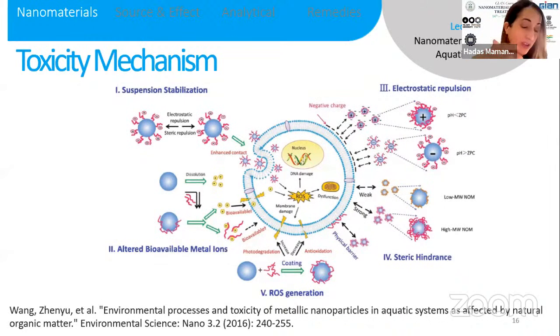For example, with copper ions, the impact of the copper ions on the toxicity is much higher than the nanoparticle itself. So even if we have steric hindrance, dissolution of metal ions from these particles can still have an impact on the microbial cells.